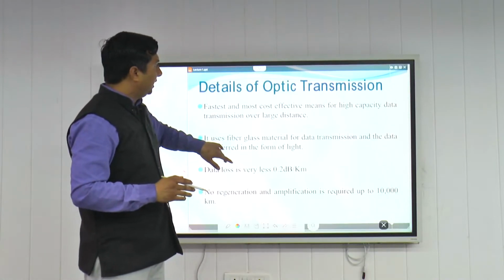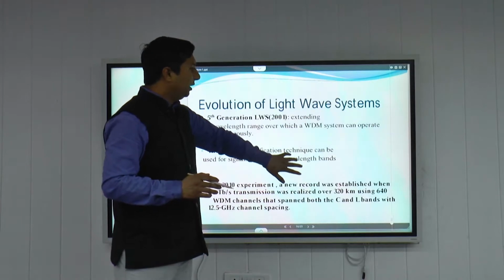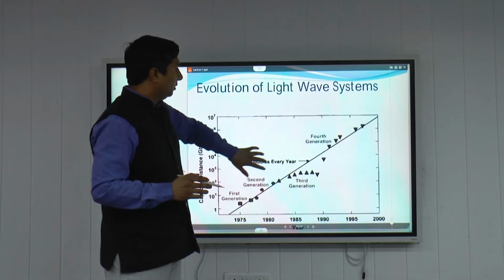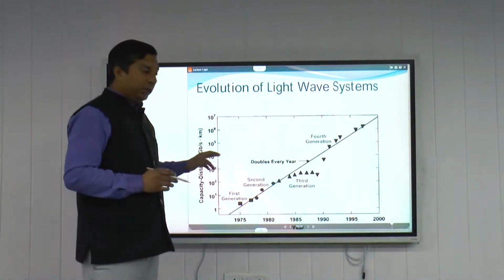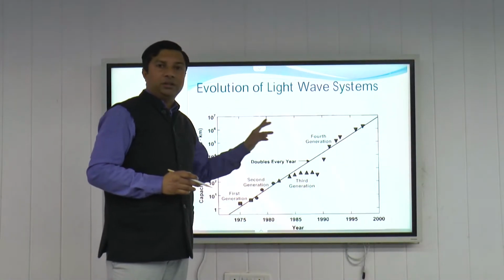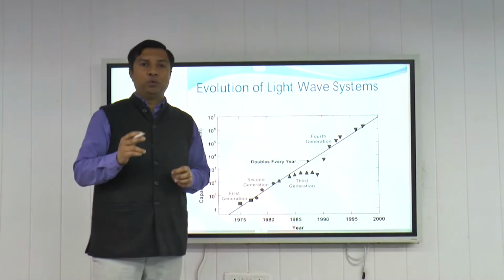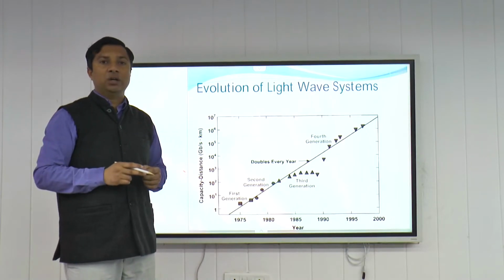So these are the developments, and you can see that the BL product, it doubles every year. So you can see that with how much popularity this optical communication system is working in the world right now.